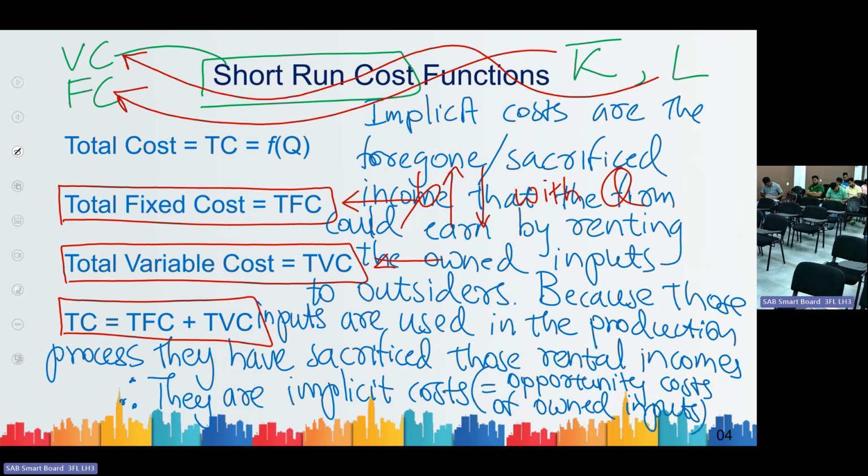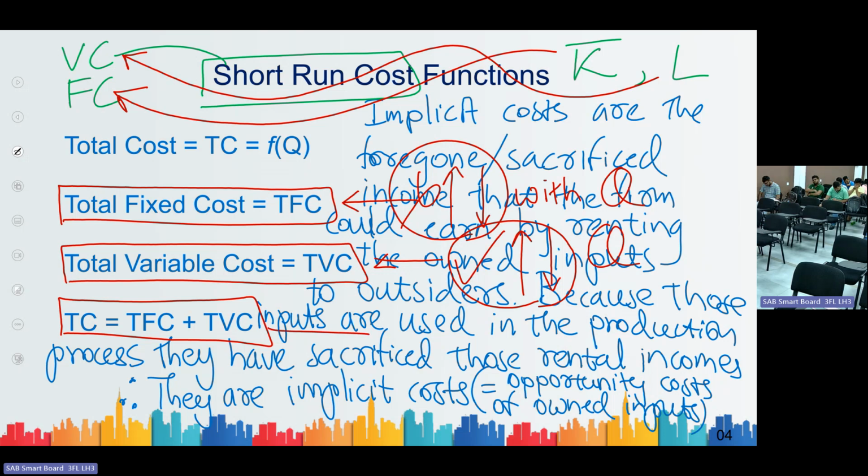Total variable cost changes with output. Total cost is the combination of both TFC and TVC.